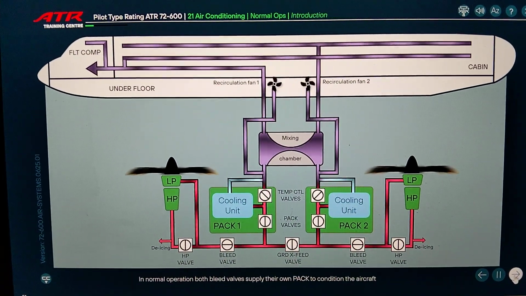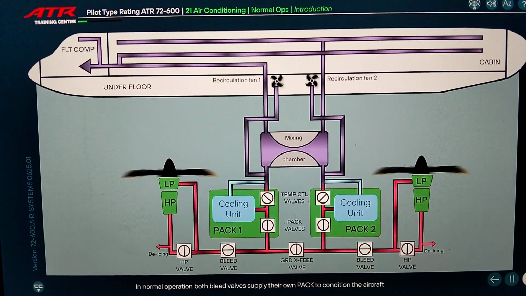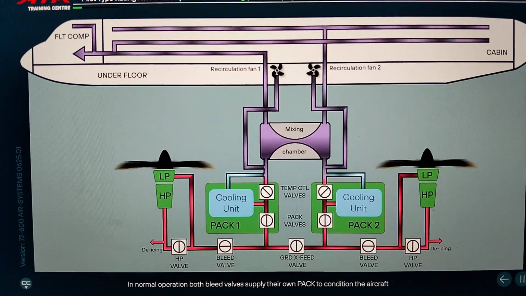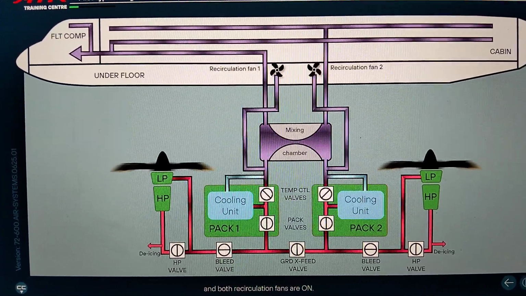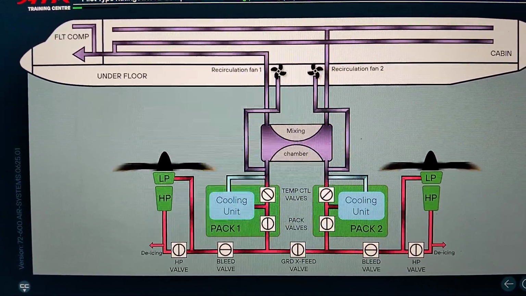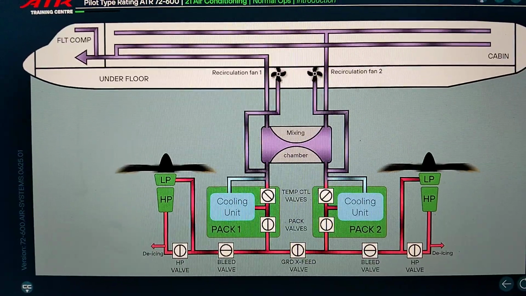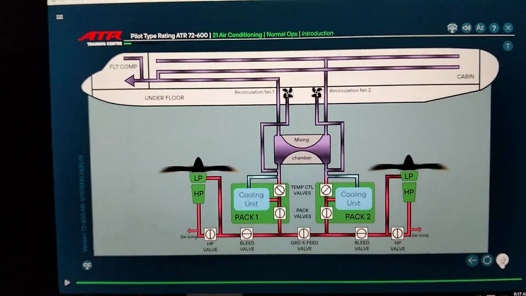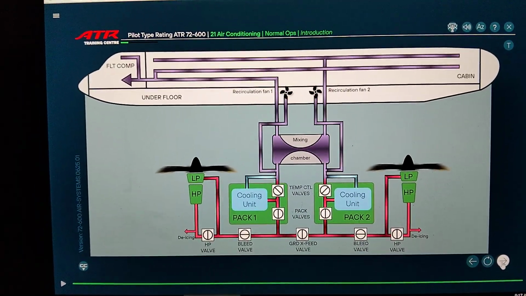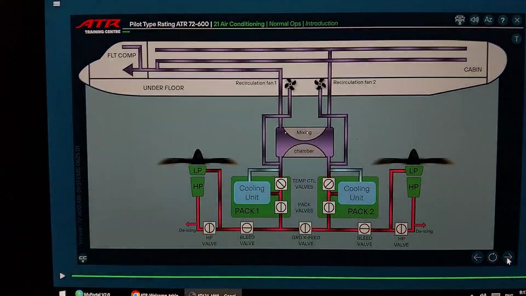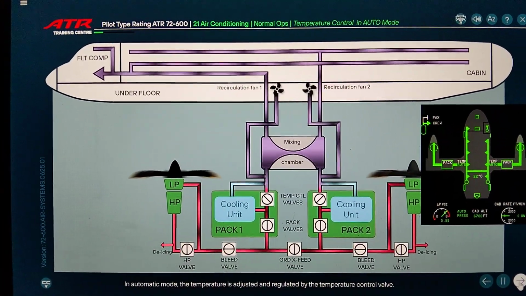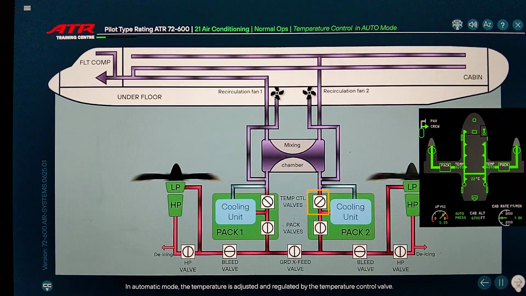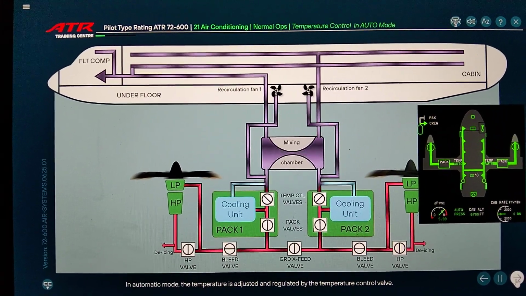In normal operation, both bleed valves supply their own pack to condition the aircraft, and both recirculation fans are on. In automatic mode, the temperature is adjusted and regulated by the temperature control valve.